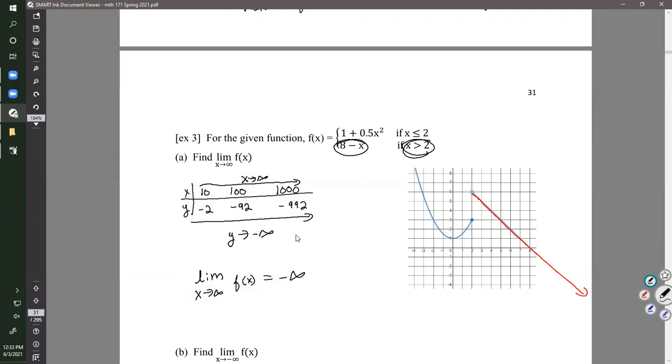Okay. Just remember that the piece on the right-hand side of the equals, this is where my y is approaching. And then down here below my limit sign, this is what x is approaching.